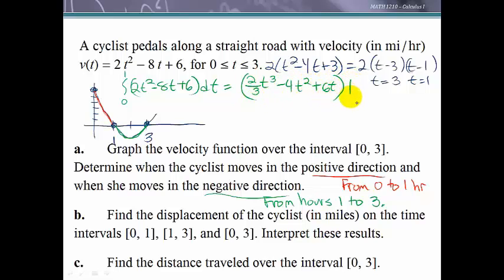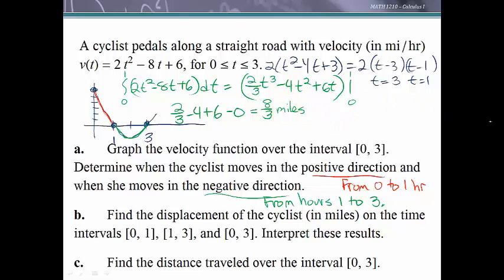We want to evaluate that from 0 to 1. Putting a 1 in there, we have 2/3 minus 4 plus 6, and subtracting the lower limit, that would be 0 because they all have t in them. Combining those, I get 2 and 2/3 or 8/3, and that would be miles.